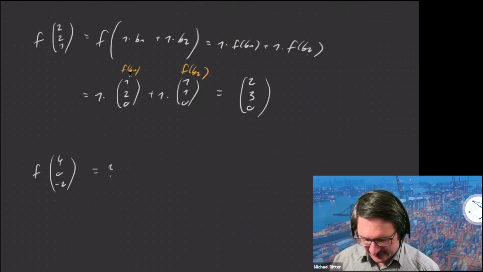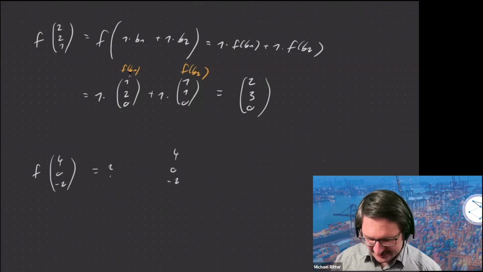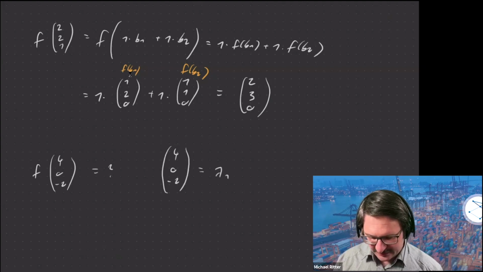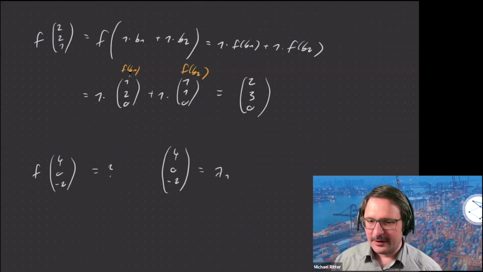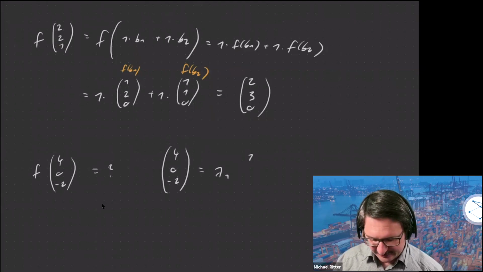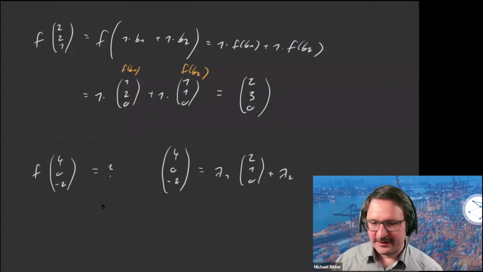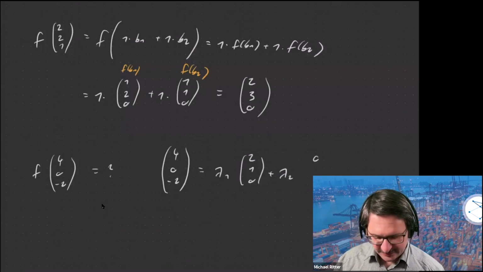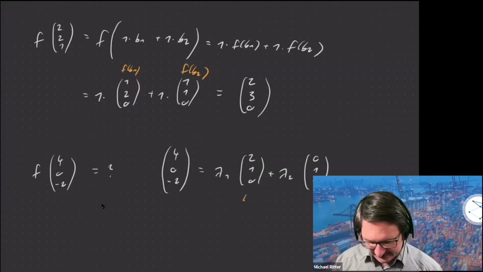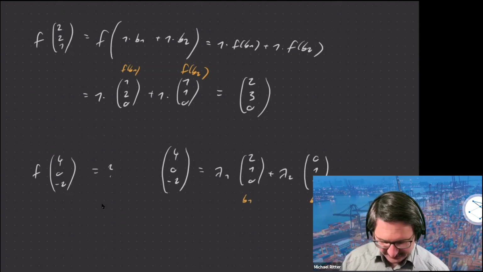Then again, we have to find coefficients such that (4, 0, -2) is equal to lambda 1 times our first basis vector, that was (2, 1, 0), plus lambda 2 times our second basis vector, that was (0, 1, 1). So this is B1, this is B2 again.